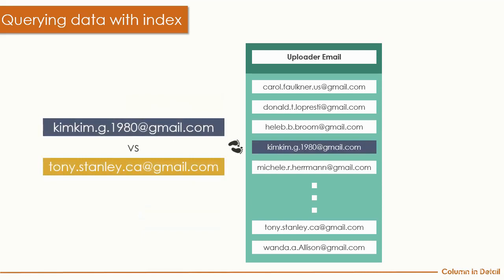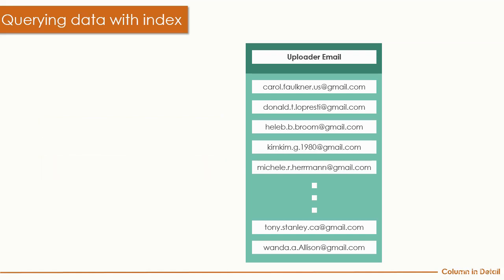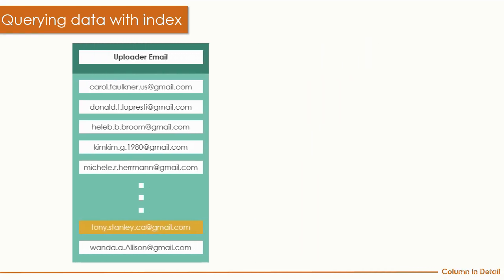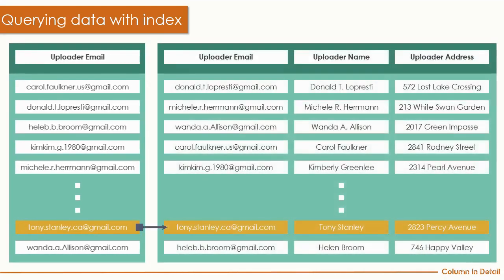You just need to first find the middle one. Then you compare whether Kim is bigger or smaller than Tony. After that, you go in another direction to narrow the search scope. Finally, you just go through 2 or 3 steps, and you will find Tony.Stanley. Then you can link to the corresponding row of the actual data. So you see it's much faster.